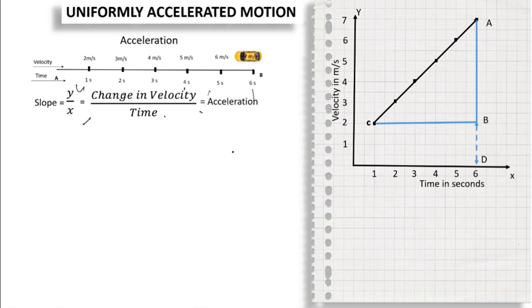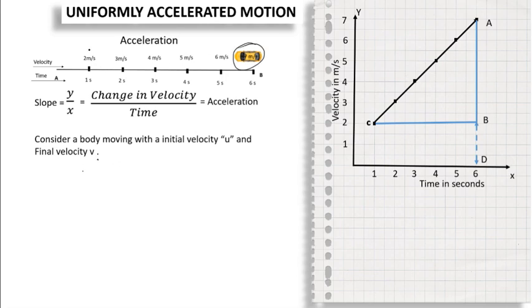Right? Now consider a body moving with an initial velocity. And what is the initial velocity we have to consider? Let us consider it as u, and the final velocity v. So let us not bother about these numbers now. Whatever the number may be, we'll take u as initial velocity, v as final velocity, and let us take time as t.